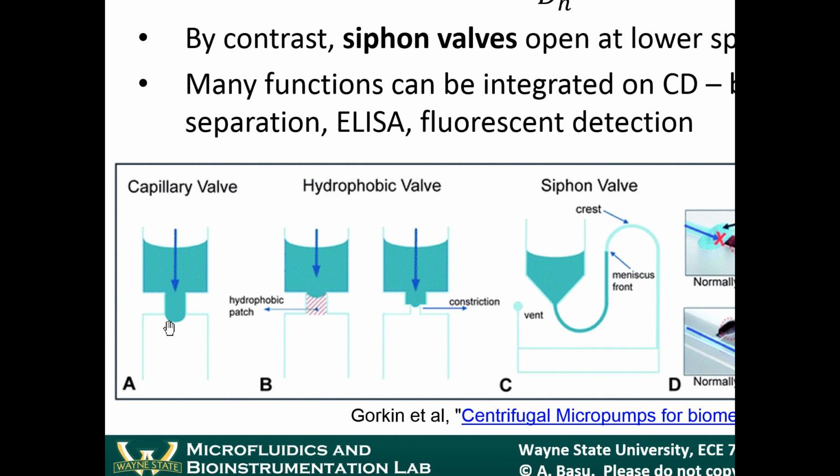Notice that here, the liquid goes into the exit region before the pressure builds up. In this case, by putting a hydrophobic patch here, the liquid doesn't even want to go into the constriction region, because if this is water and you have a hydrophobic region, the water doesn't like the hydrophobic region. So you're going to generate a capillary pressure that resists the flow from going into here. Same idea: if the centrifugal pressure exceeds the capillary pressure, that valve will then open. So these are hydrophobic valves.